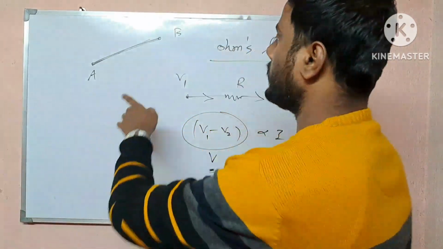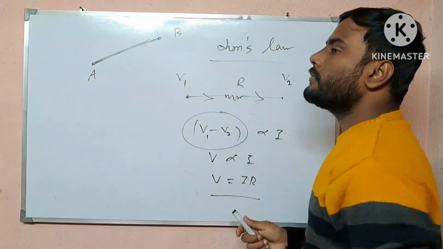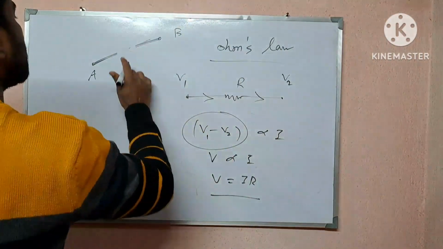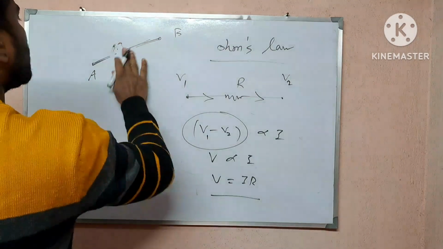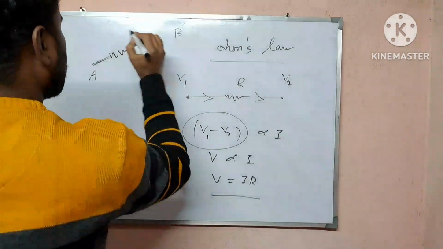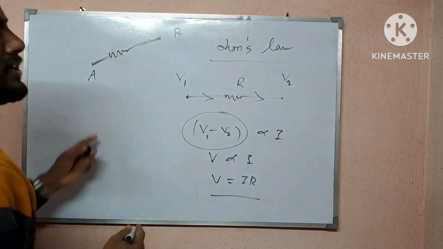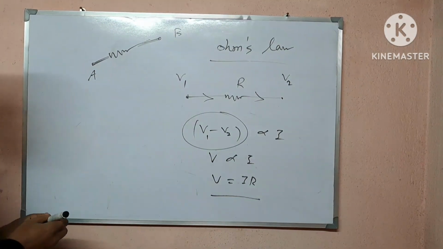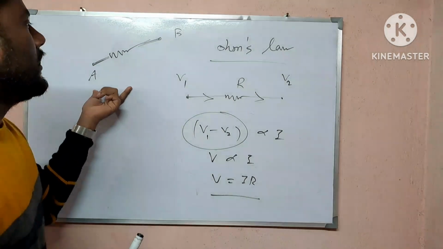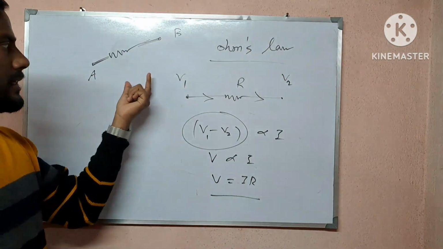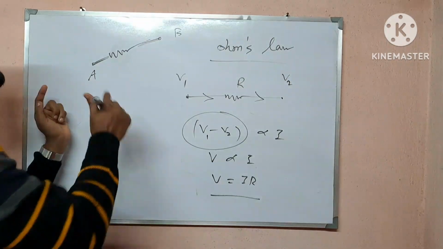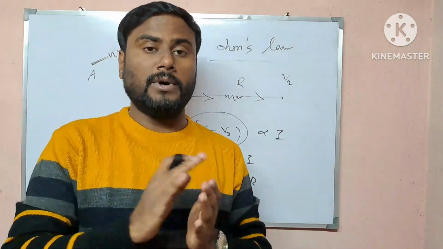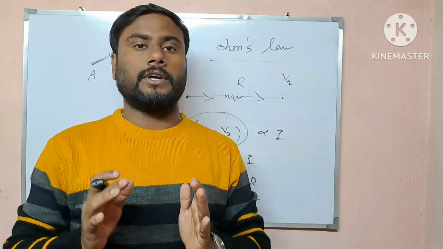So if there is a capacitor between these 2 points, or a resistor, or an inductor, or any other battery between these 2 points, they are not short. But when there is no electrical equipment connected between 2 points and they are just connected by a normal wire, then these points are called short.